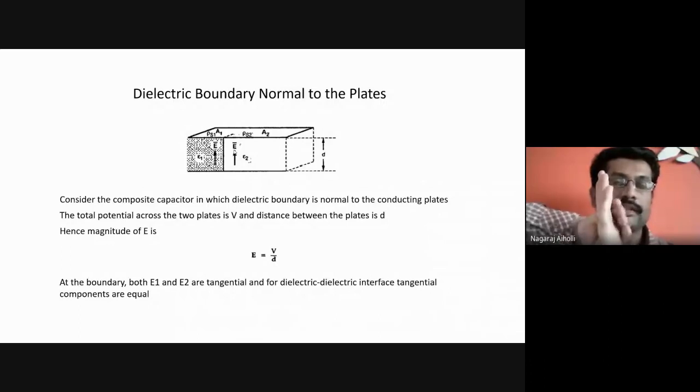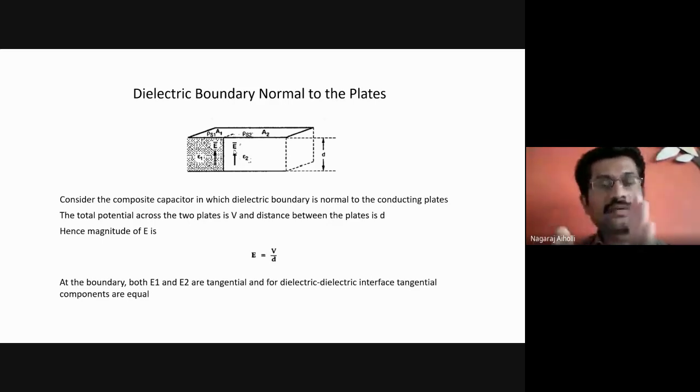The component tangential to the boundary is E1 on one side and E2 on the other side of the boundary. Both these components are tangential to the boundary. Note that it is not tangential to the conducting plates. The tangential component grazing the dielectric surface is E1 on one side and E2 on the other side.